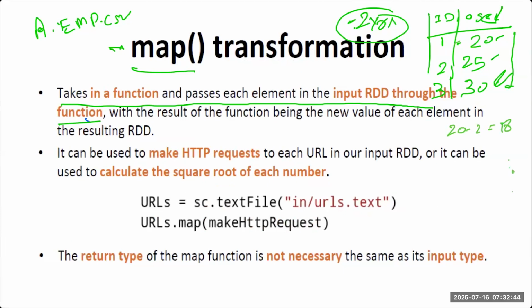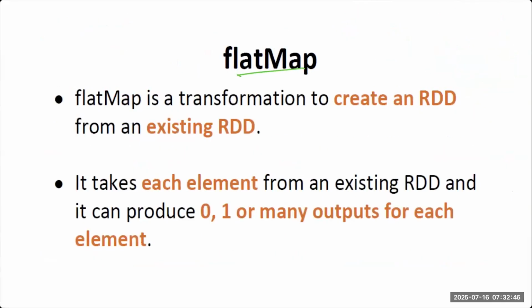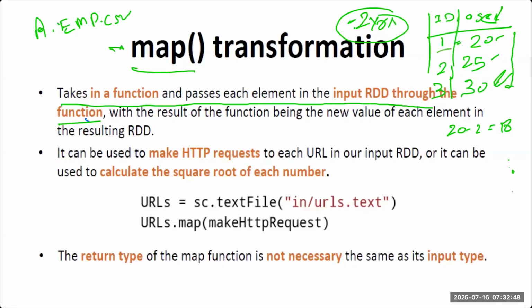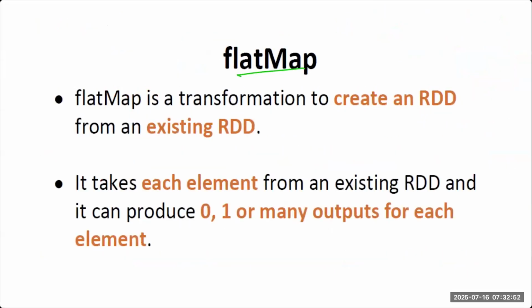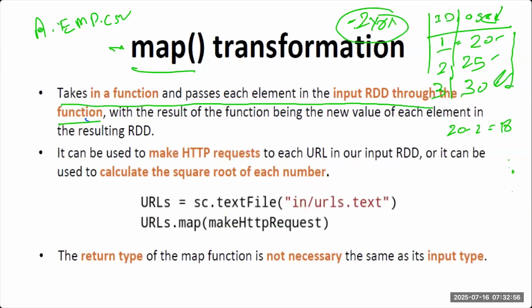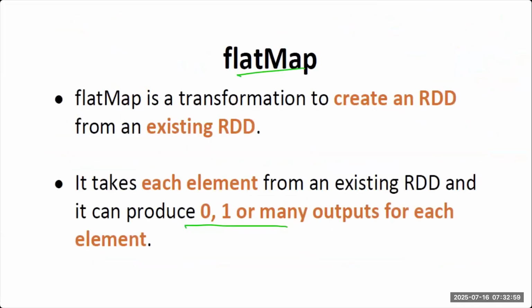But in flatMap, it will take one element and it may return more than one element, or it can return zero elements also. In a similar way, it will go through all elements and do some action on them, and it may result in zero, one or many outputs for each element.